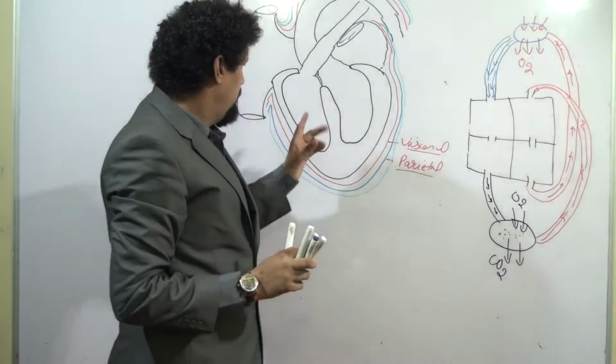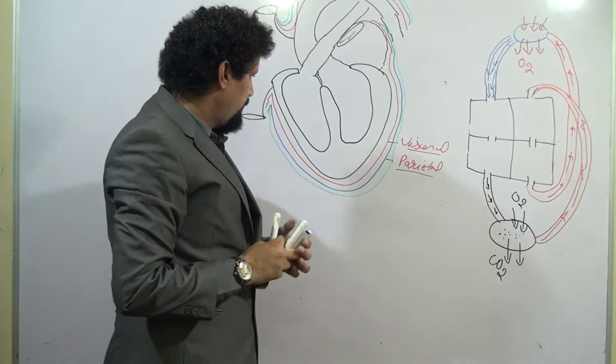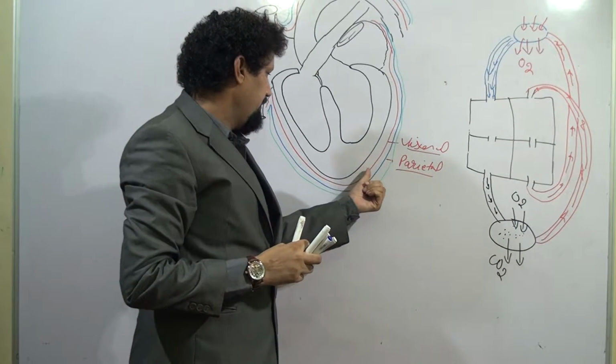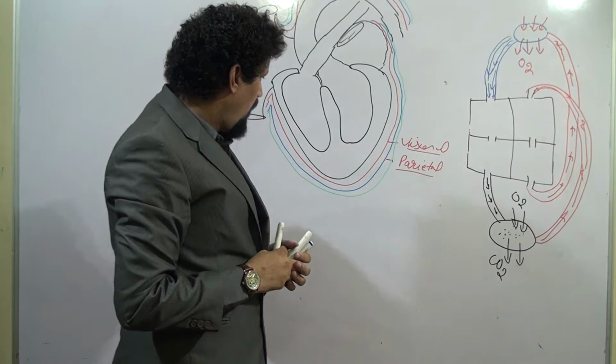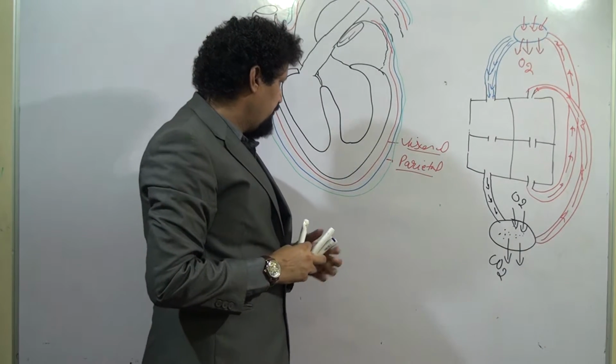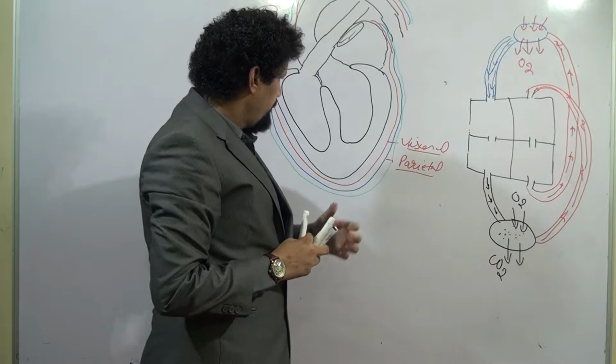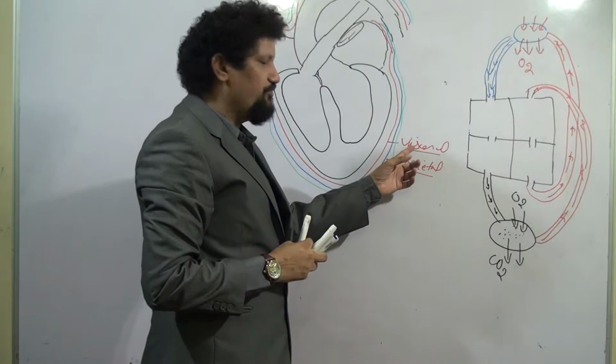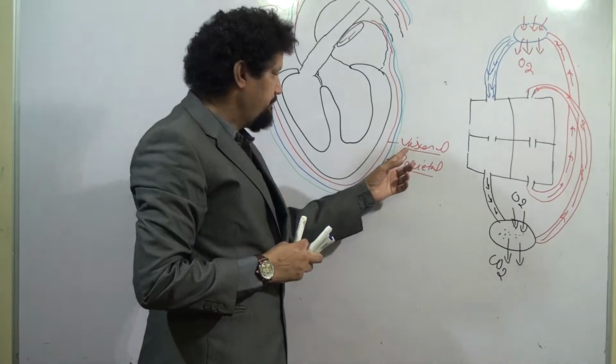Listen again. The outer surface of the heart has a layer of delicate connective tissue, serous pericardium. This is known as the visceral layer of serous pericardium.